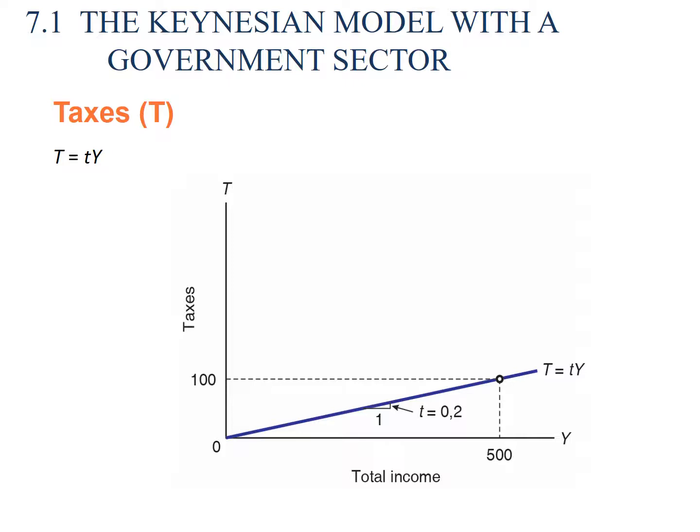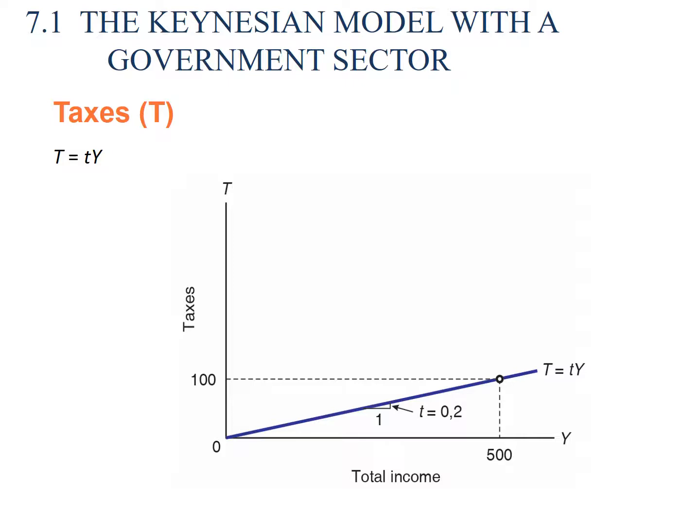This is represented by the tax rate of the income that we receive. A certain proportion is taken out as part of the taxes. So to represent taxes in our Keynesian model, taxes will be equal to a small t multiplied by Y, which simply reflects that taxes have a direct link with income.